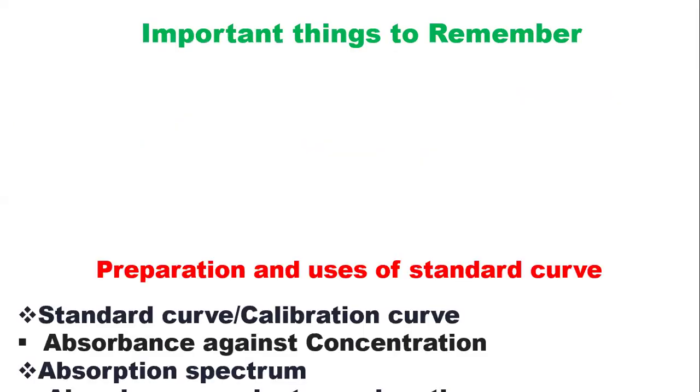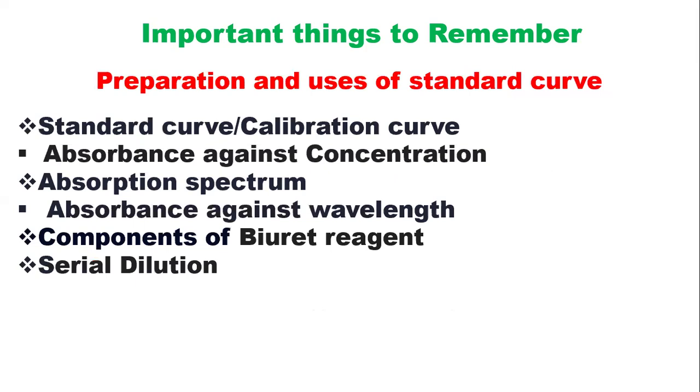Under preparation and uses of standard curve, you are expected to understand what a standard curve is. Standard curve and calibration curve mean the same thing. A standard curve is a plot of absorbance against concentration, and an absorption spectrum is a plot of absorbance against wavelength.